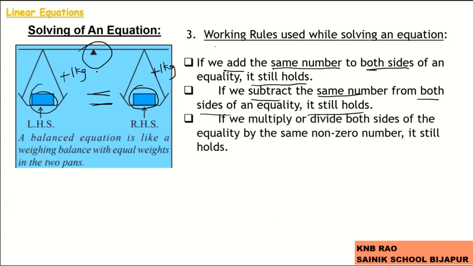Further, if we multiply or divide both sides of an equality, still it holds true, provided the number we are multiplying or dividing by is a non-zero number, the same non-zero number on both the sides. So with these working rules, we will go for solving some equations.